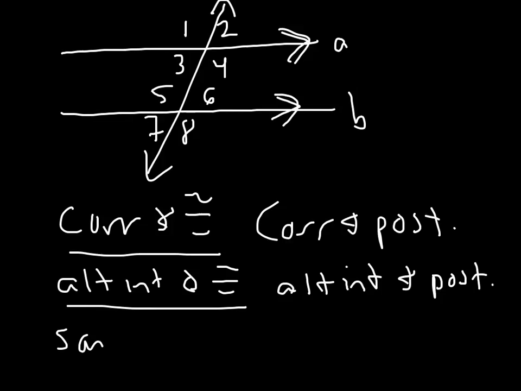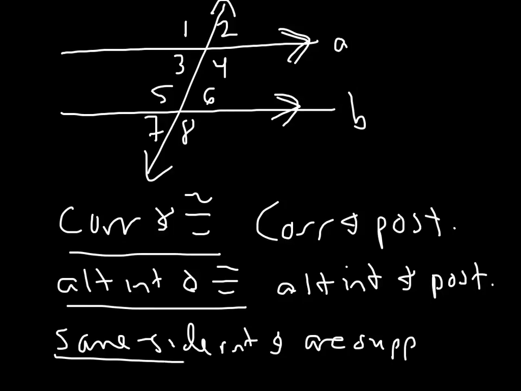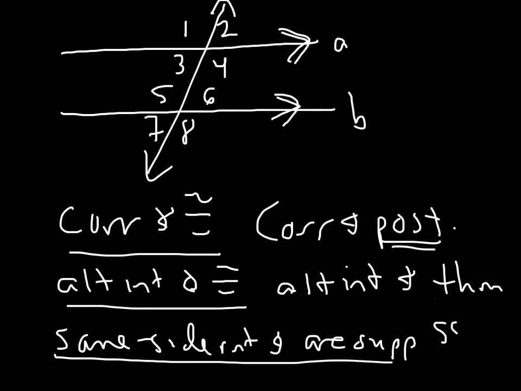And the same side interior angles are supplementary. I'm sorry, one correction. The alternate interior angle is not a postulate, it is a theorem. The only one that's a postulate is the first one, the corresponding angle postulate. And then the same side interior angles are supplementary. They add up to be 180, and that's called the same side, I'm going to abbreviate, interior angle theorem, and it is also a theorem.